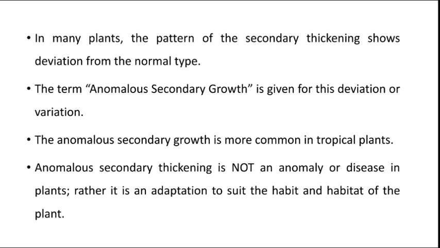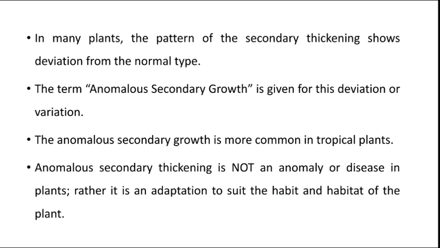So in this video we will discuss anomalous secondary growth in plants. Anomalous means abnormal secondary growth. It is not actually abnormal, it is actually a deviation from normal, or a variation. In many plants, the pattern of secondary thickening shows deviation from the normal type, and the term anomalous is given for this deviation.